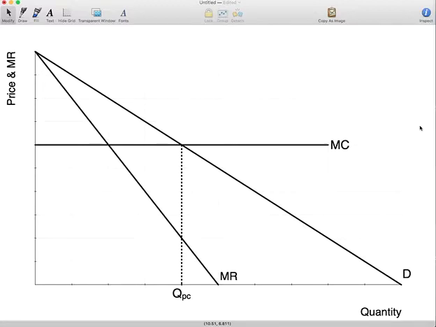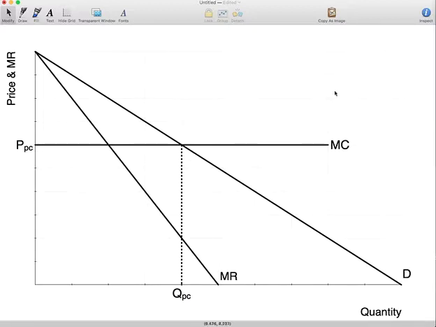And since marginal cost is equal to the price in a perfectly competitive marketplace, let me make that a subscript. So remember that in a perfectly competitive marketplace, marginal cost is equal to the price, and that is given where marginal cost intersects the demand curve.